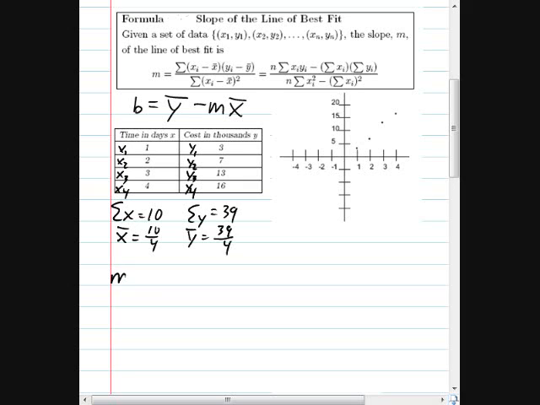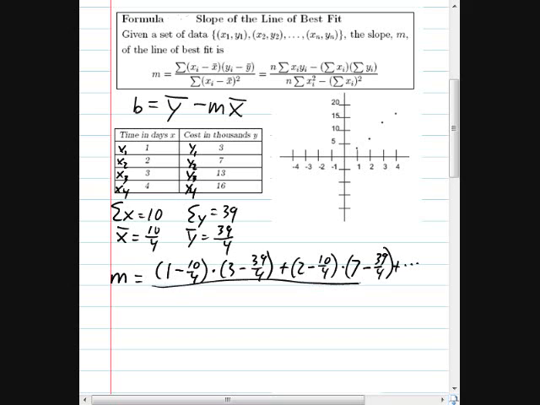So then according to our formula, m equals the sum of the product of all of the deviations. So for example, x1 minus x bar times y1 minus y bar plus, now we do it for the second data point, x2 minus x bar times y2 minus y bar, etc. And then we would have to divide it by the sum of the square deviations of the x's.